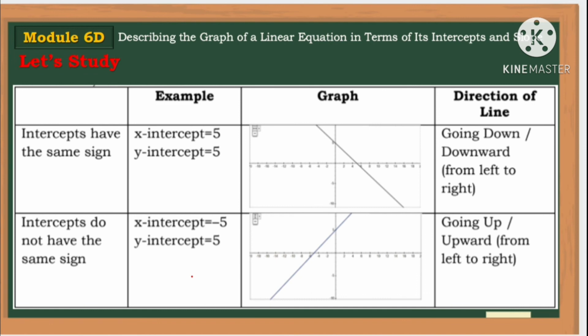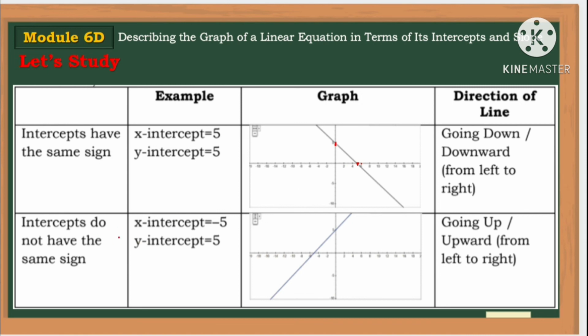Given the intercepts, if x is 5, so positive 5, and the y-intercept is 5, positive, the direction of the line from left to right is going downward. So this is a negative slope.